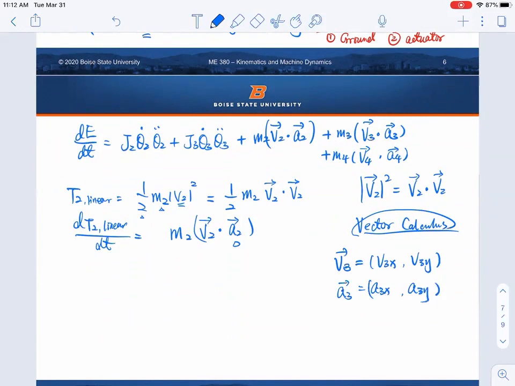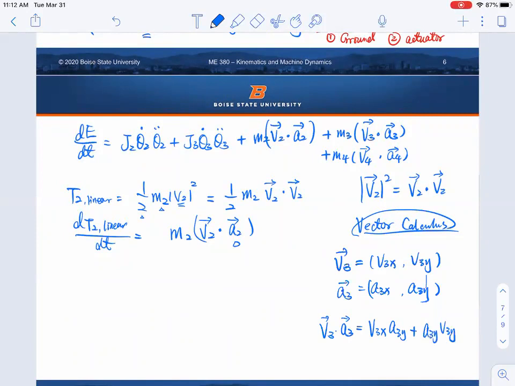The dot product of two vectors is actually a scalar. You multiply the first pair of entries and add the product of the second pair of entries. All right, so that's your dot product.